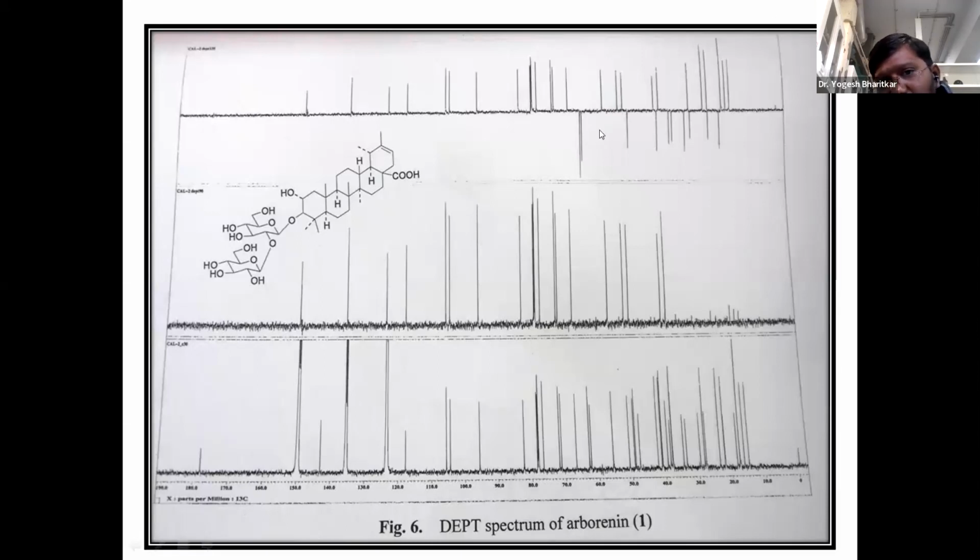These two signals get negative, so we can say this sugar is either glucose or galactose. These two CH2 carbons appear differently in the sugar carbons, and from this information we can conclude it is glucose or galactose.